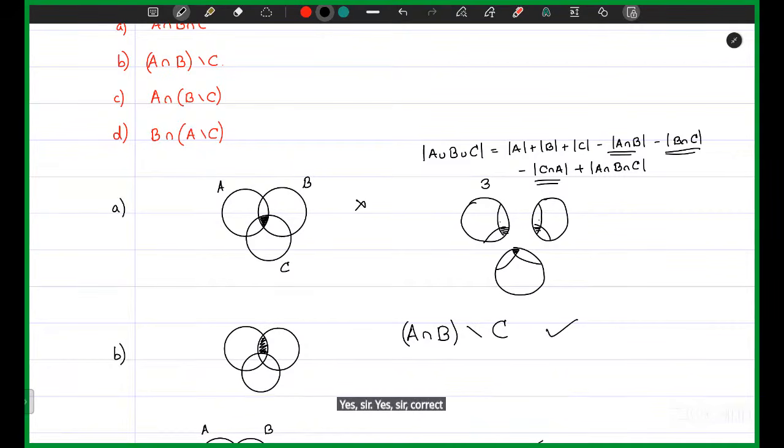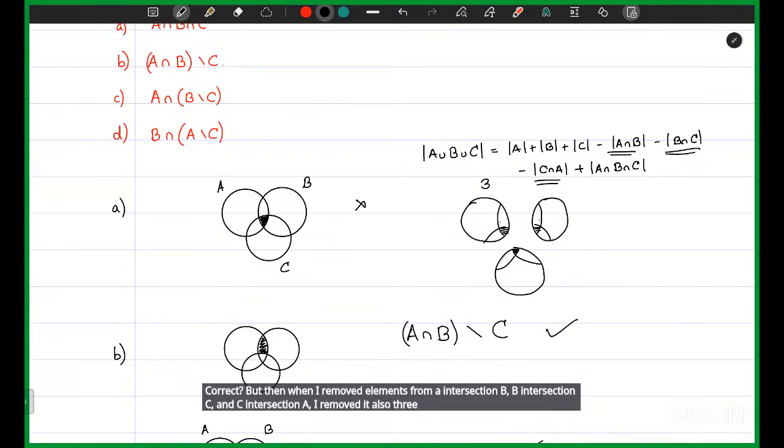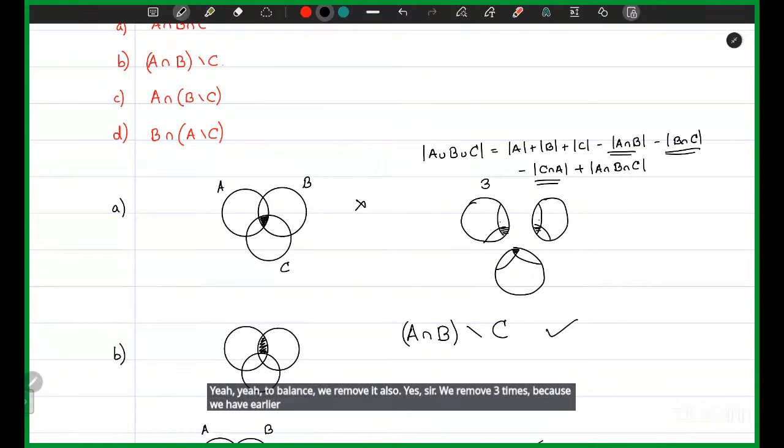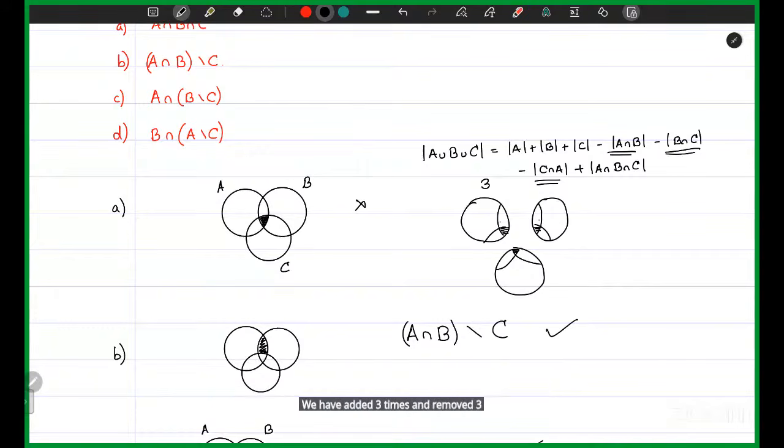But then when I removed elements from A intersection B, B intersection C, and C intersection A, I removed it also 3 times. To balance, we remove it 3 times because we have earlier added it 3 times.